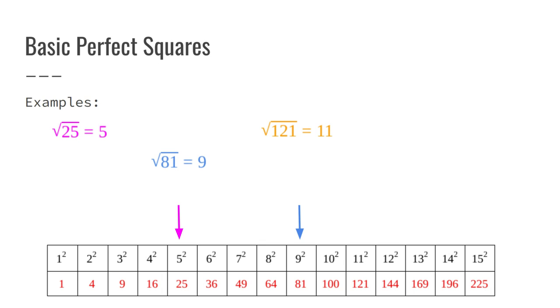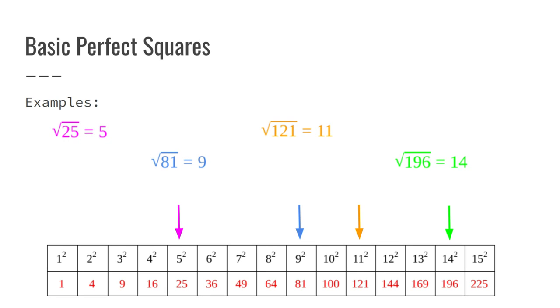The square root of 121, looking at our red list, seeing where 121 falls, working backwards, is 11. And finally, the square root of 196, looking on our list to see where 196 falls, working backwards, the square root of 196 is 14.